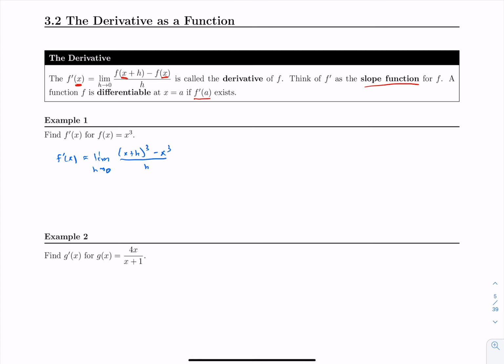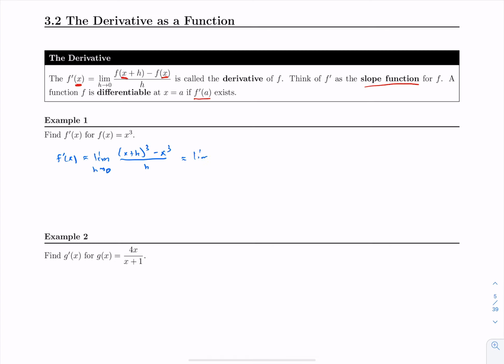So that's just applying the definition. Now note, based on how this definition is set up, we have a limit as h approaches 0 and h is in the denominator. We're never going to be able to evaluate this on the first step. So you're always going to go after the numerator, and hopefully an h will pop out and we can reduce the fraction and get rid of this indeterminate form.